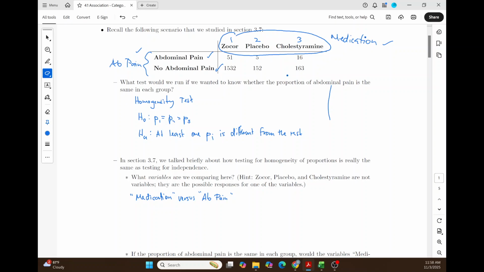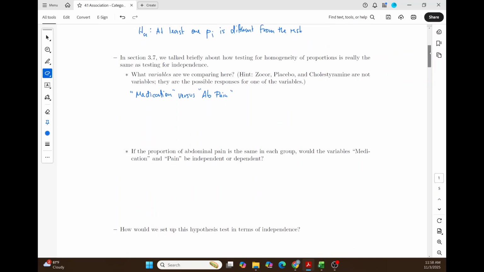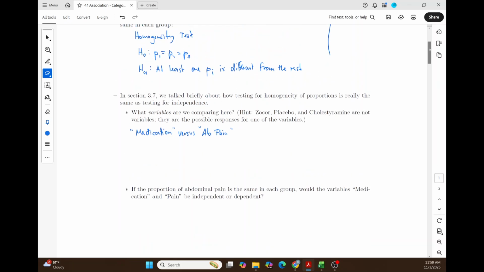Now, if the proportion of abdominal pain is the same in each group, would the variables medication and pain be independent or dependent? Well, let's think about this. If the proportion of Zocor patients who experienced abdominal pain is the same as the proportion of placebo patients who experienced abdominal pain, and if those are the same as the proportion of cholestyramine patients who experienced abdominal pain, then clearly it doesn't matter what medication you take.